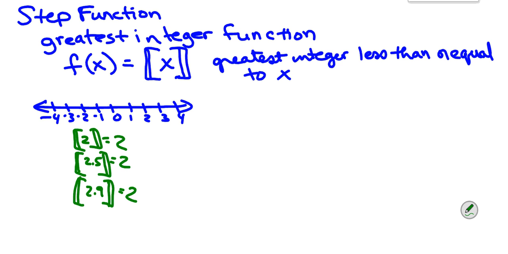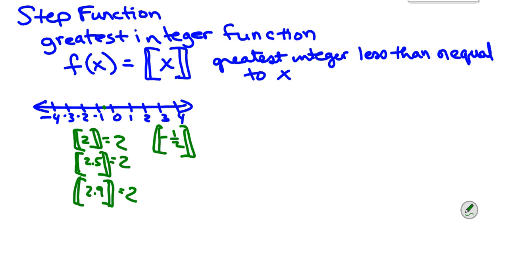It's a little trickier when it's negative. If I want the greatest integer of -1/2, what is the biggest integer less than or equal to -1/2? Let's go back to these.